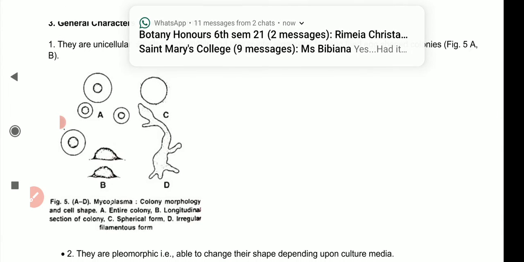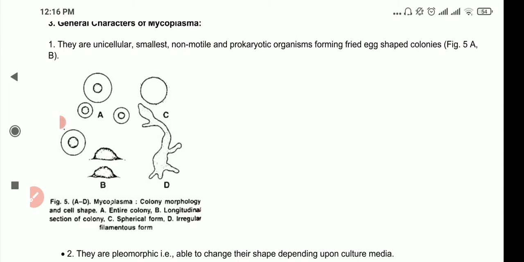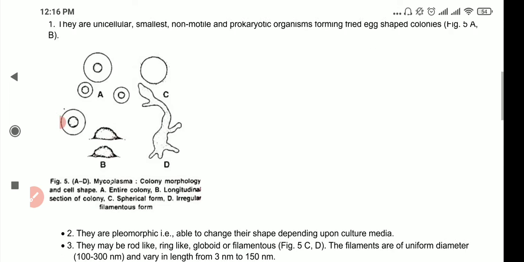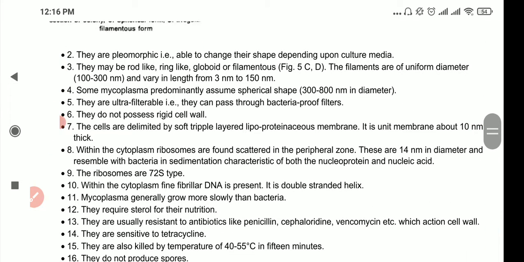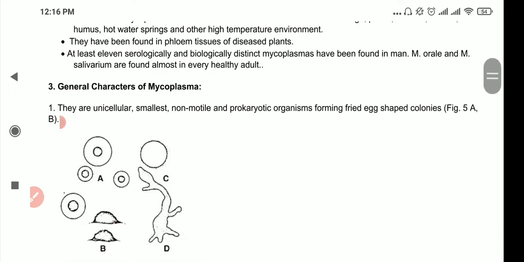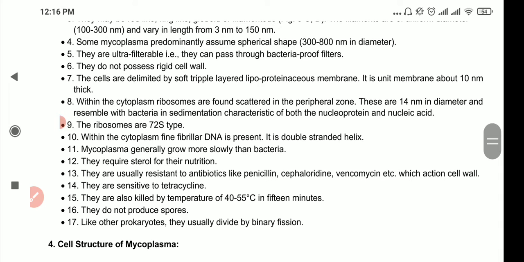So these are the shapes, the diagrams. You can see the colony form, then the entire colonies, then the longitudinal section, and you can see the spherical form and the irregular filamentous form. Now let's continue with the characters.